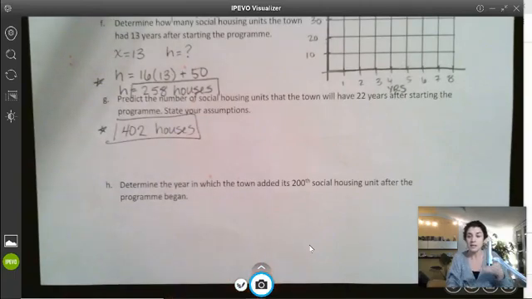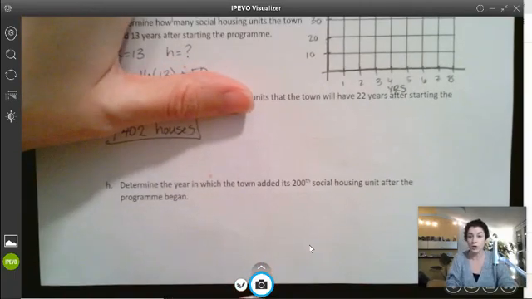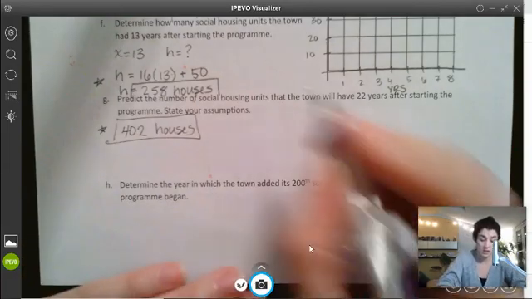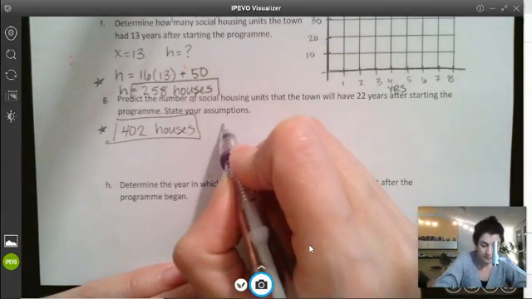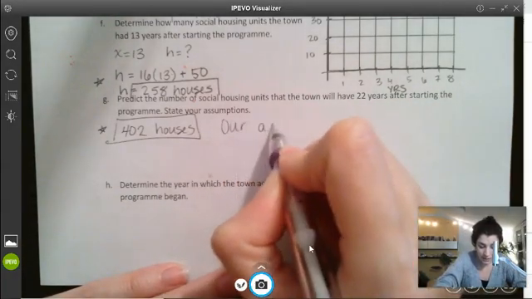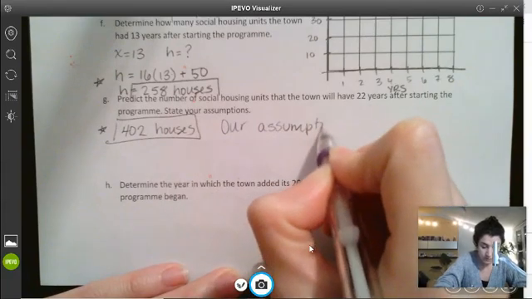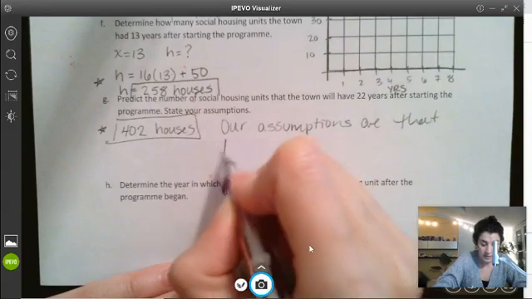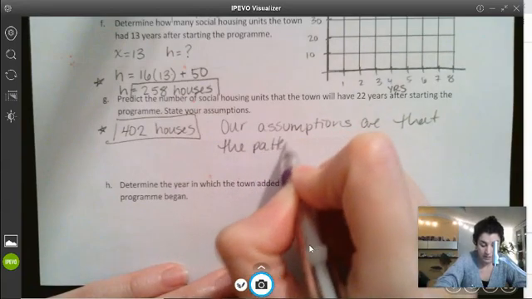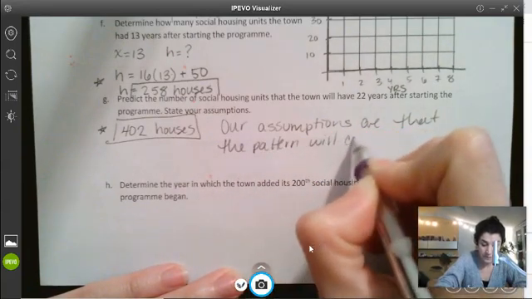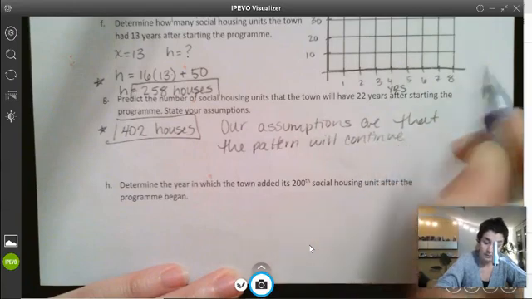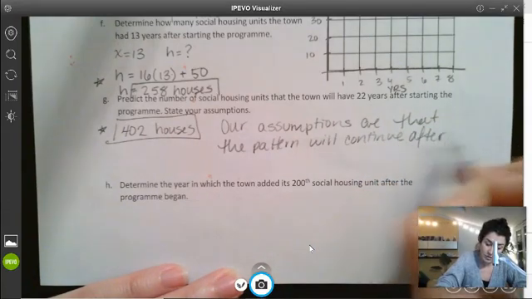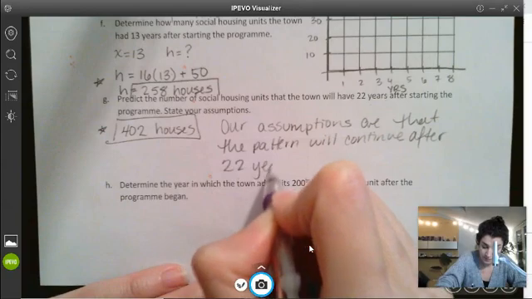We are assuming that the number of houses that grow per year stays the same after 20 years, after 22 years. Our assumptions are that the pattern will continue after 22 years.